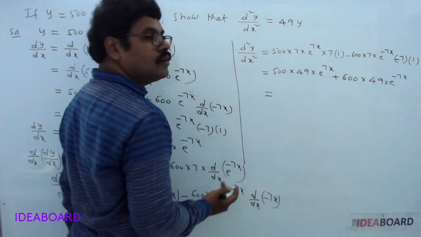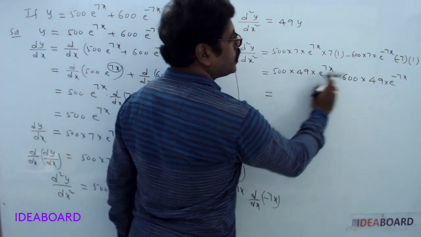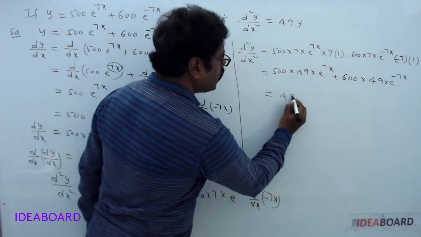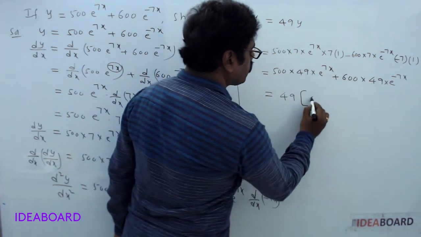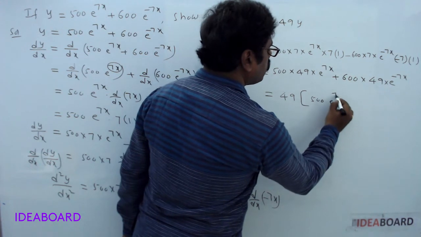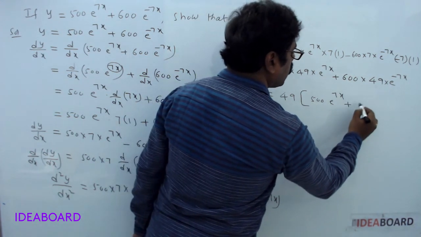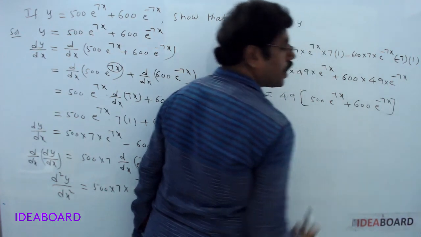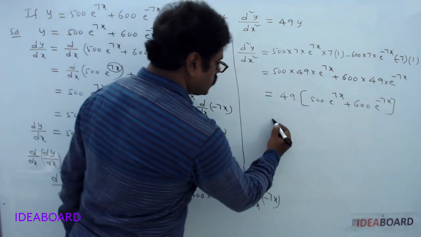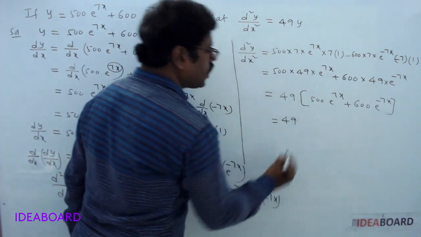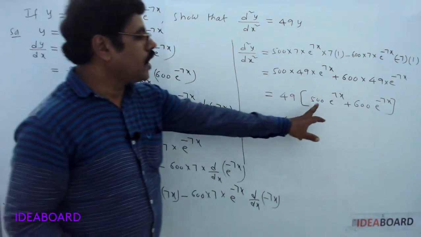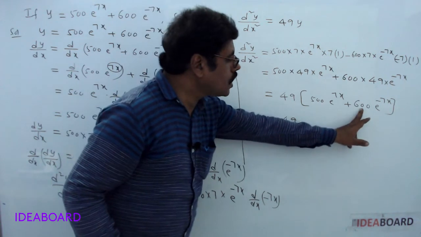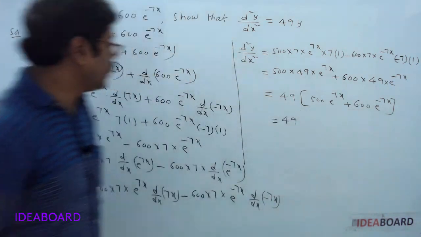Now here 49 is the common factor from these two terms. So 49 into (500 e^(7x) + 600 e^(-7x)). Now this equals 49 into (500 e^(7x) + 600 e^(-7x)).